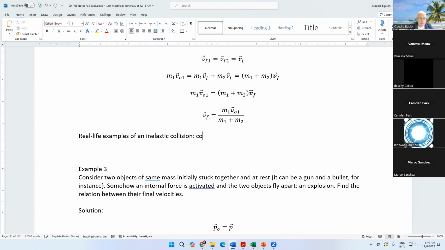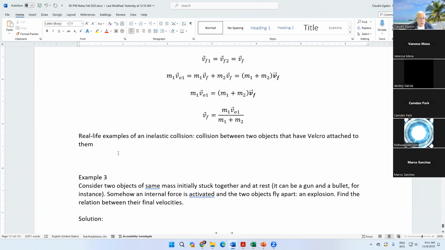Collision between two objects that have Velcro attached to them. Okay, here you go.